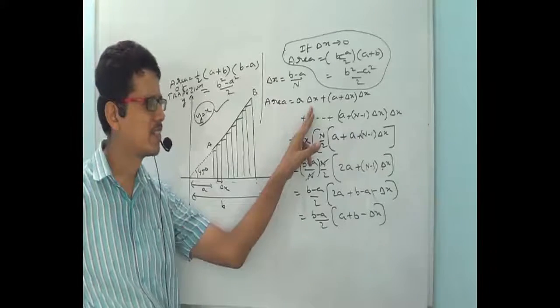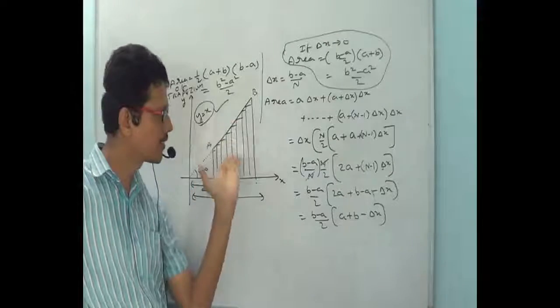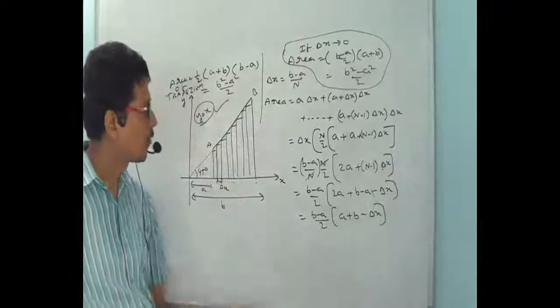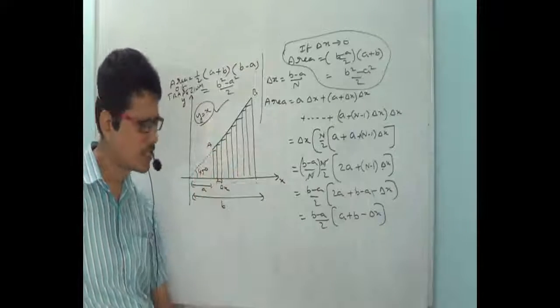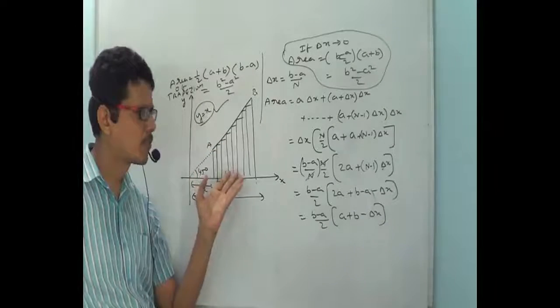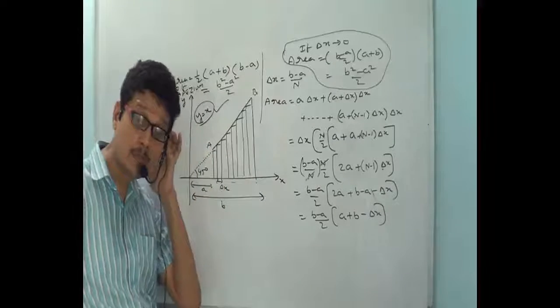Length into breadth. As we go like this, length is increasing. And what I said, this function is y is equal to x. You can take any other function, but this is easy for me to prove the previous thing I explained.